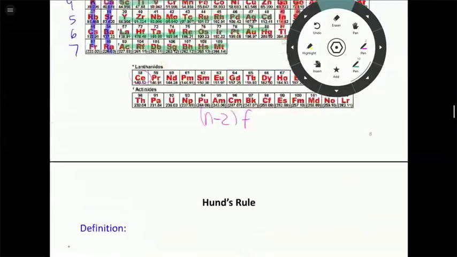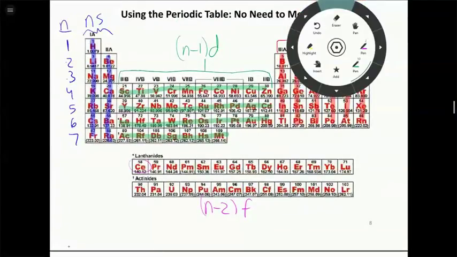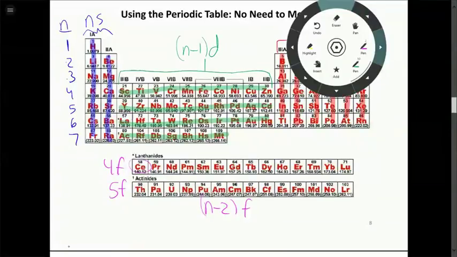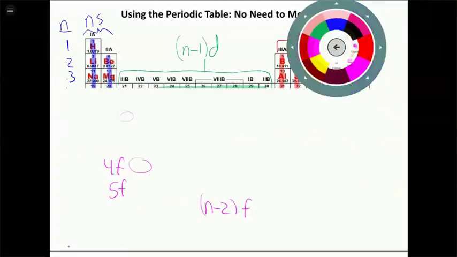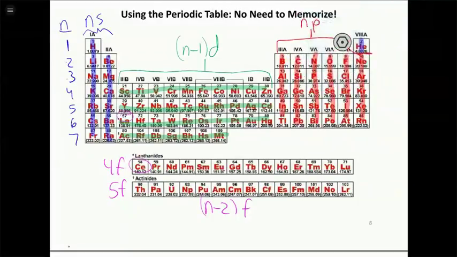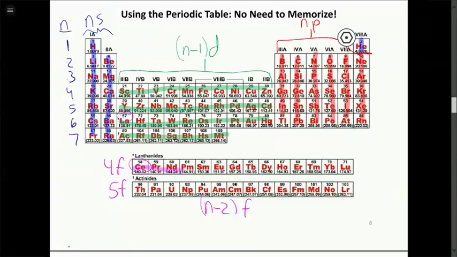So the first F block is the 4F, 6 minus 2, so this is 4F. The second is 5F. We're not going to deal a lot with F elements, but it will come up from time to time when we're filling out electron configurations for other elements, so we have to be aware of that. These two rows with 14 elements in each are the F block of the periodic table, snipped out from rows 6 and 7 up above.